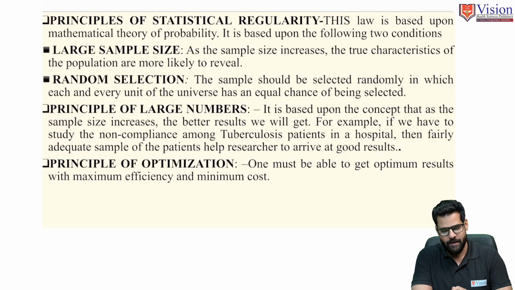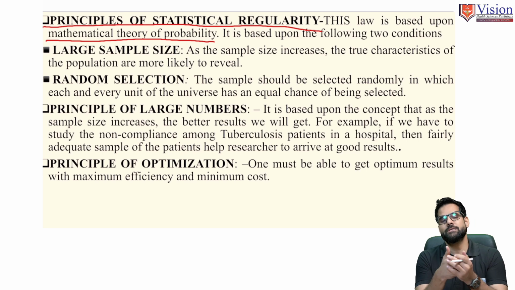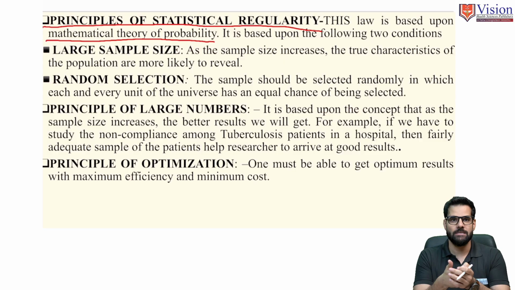Let's talk about that. First one, principle of statistical regularity. What is that? This law is based upon the mathematical theory of probability. This theory believes that there are chances of happening of any event, and we can calculate those chances, or what we call the probability, by applying some mathematical calculations.